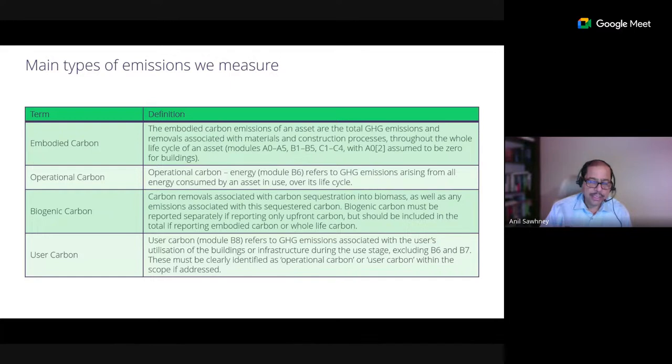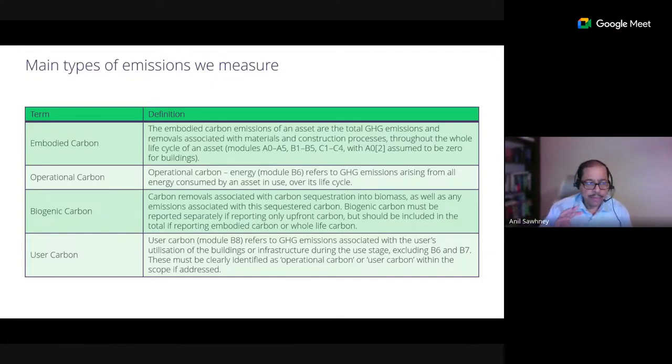So, a simple example would be a timber beam. Let's say you're using a timber beam in your project. The carbon emissions or removals associated with that timber beam are called biogenic carbon. Okay, the biogenic carbon is again calculated and reported separately.